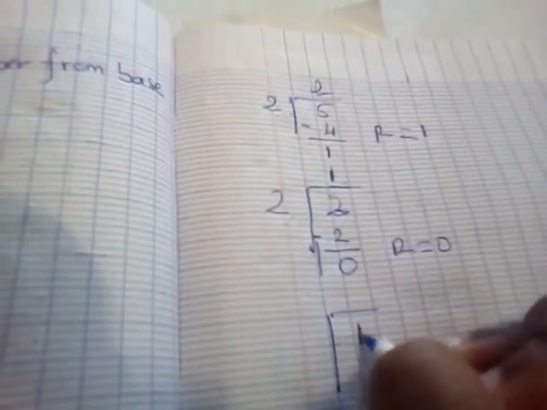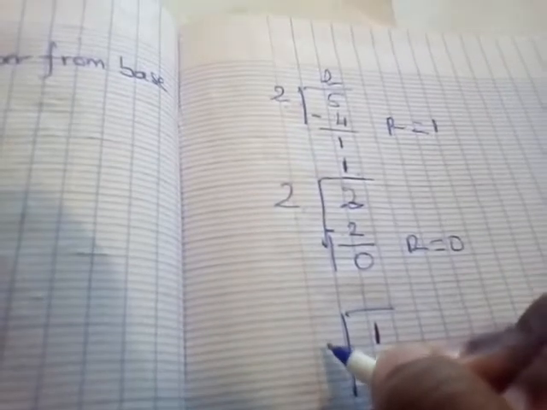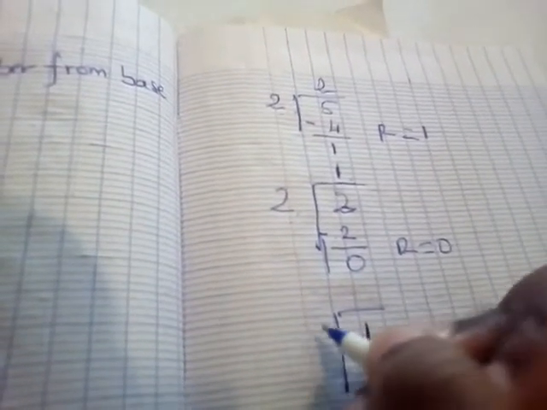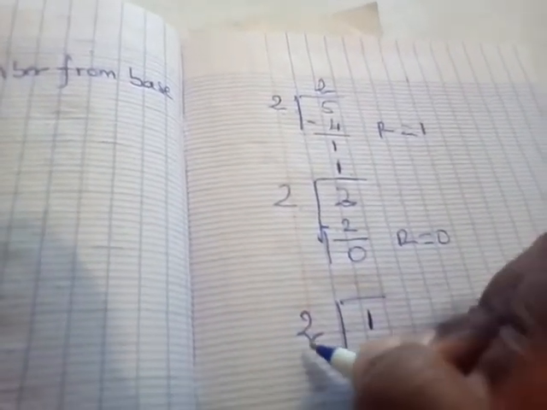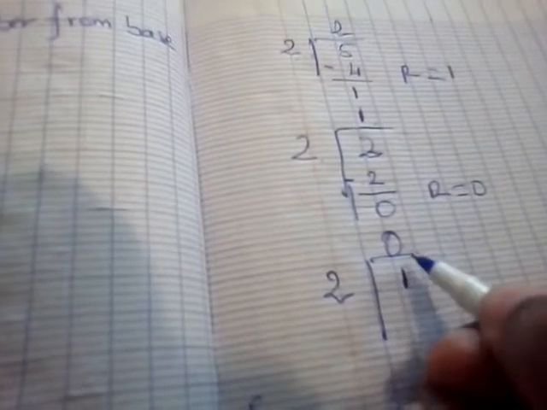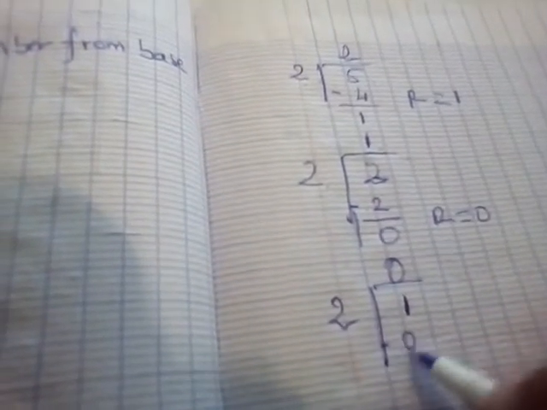So here my quotient is 1, so it becomes the dividend of the third one, 1. Beside it, I'll write my desired base, which is still 2. Here I cannot find a group of 2 when I have only one person, so I'll write 0 here. Then 2 times 0 is 0, subtracted, and your answer will be 1, so write remainder 1.